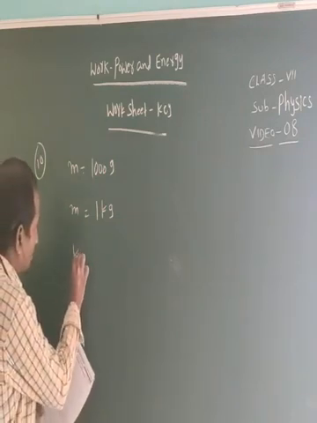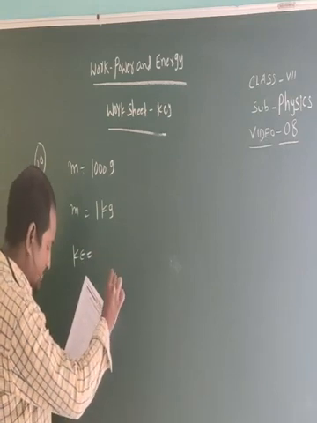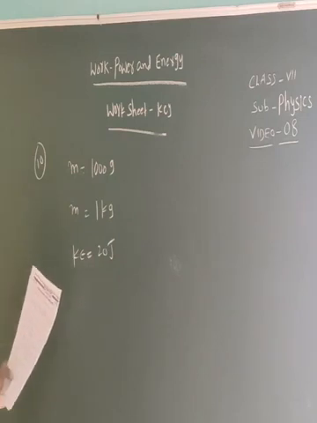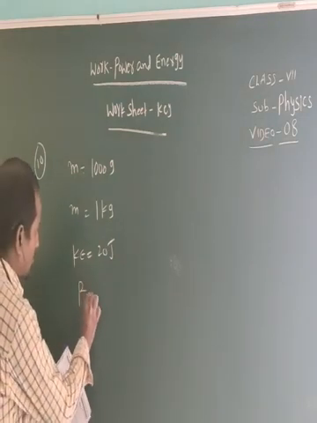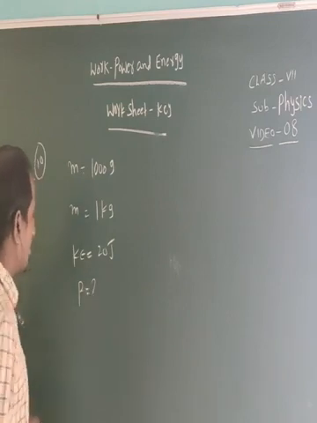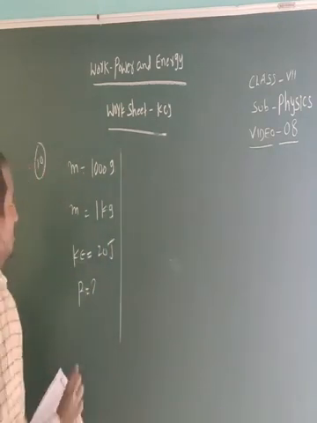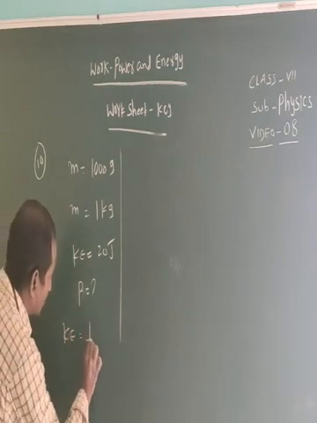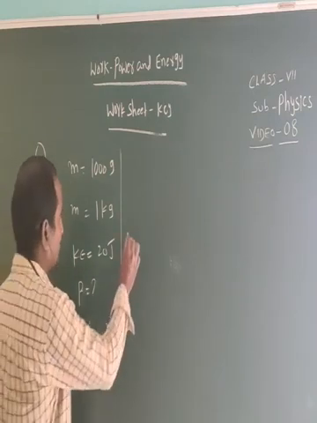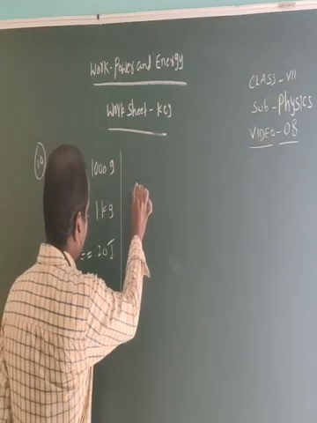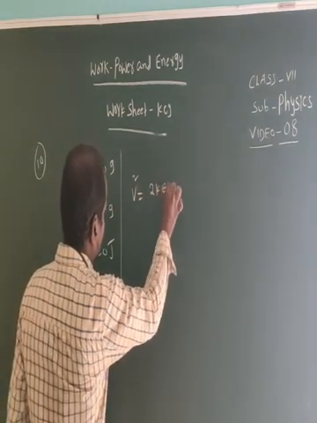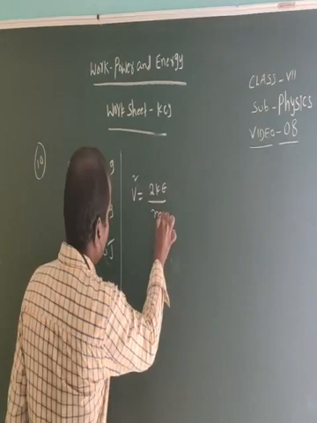K equals 20 joules. Then find the momentum P. Mass is given, kinetic energy is given, and from this we can find the velocity V. So K equals half m v square, so v square equals 2K by m.